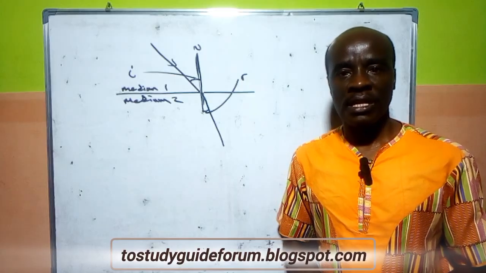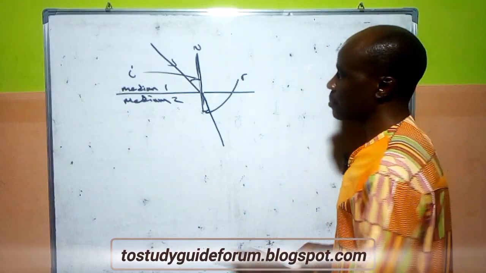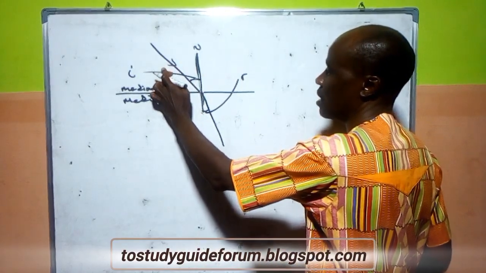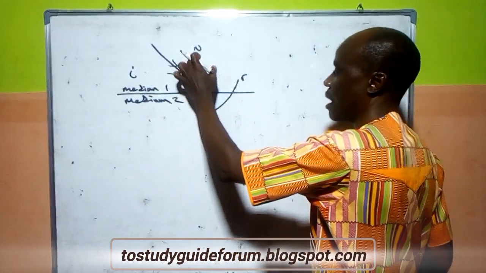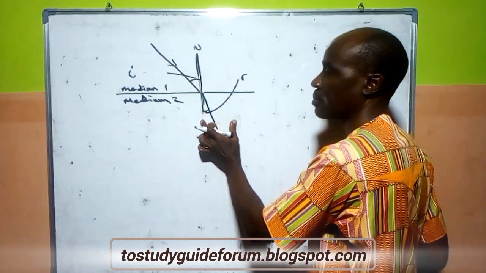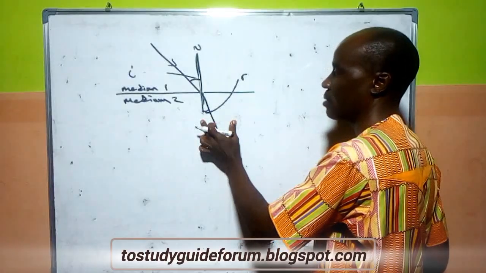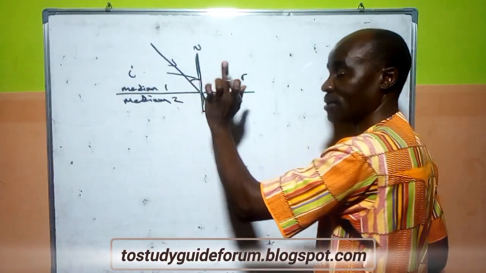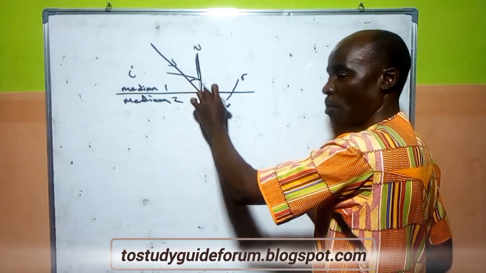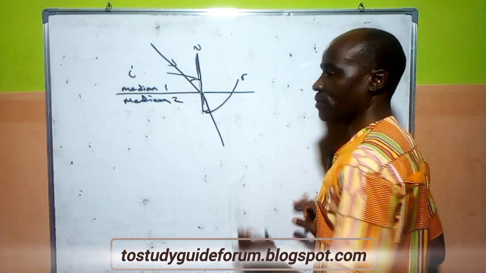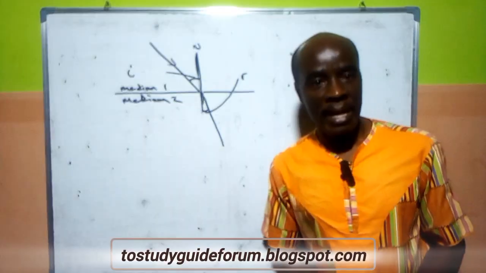The first law says that the incident ray, the normal, and the refracted ray all lie in the same plane.